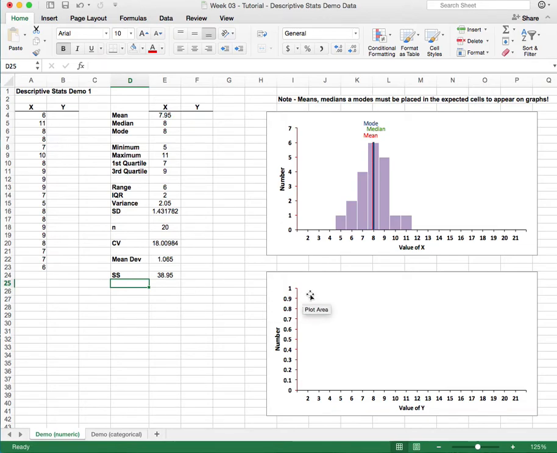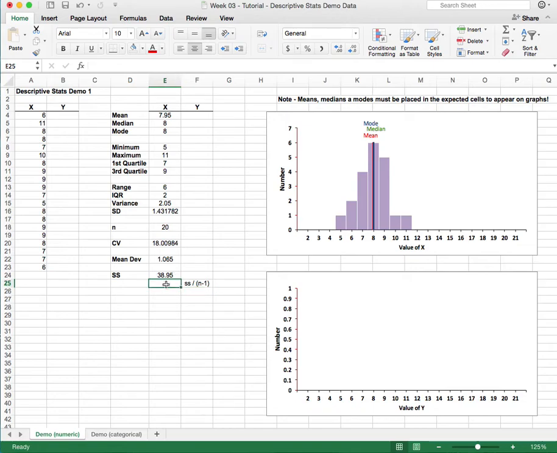Here, for the sum of squares, we see a value of 38.95. And just to remind you, if you remember, sum of squares divided by n minus 1 gives you variance.